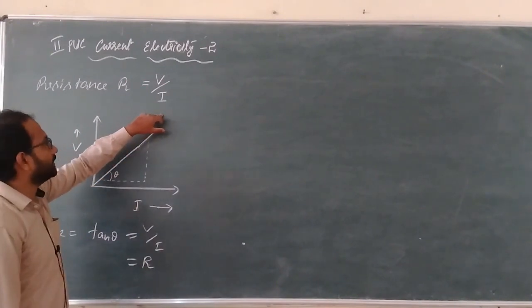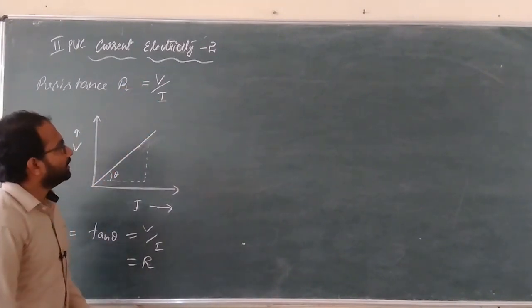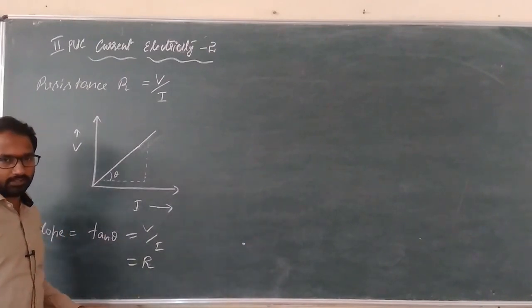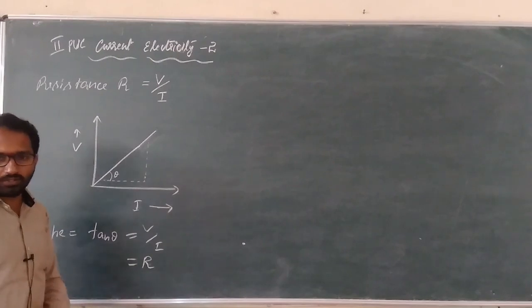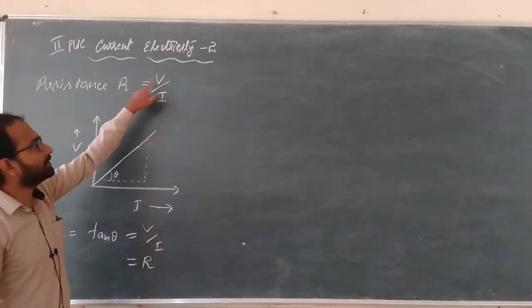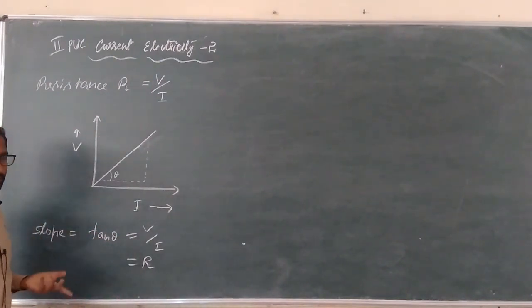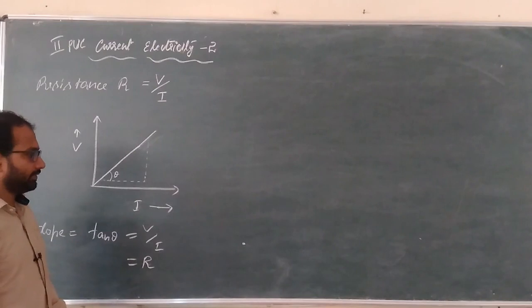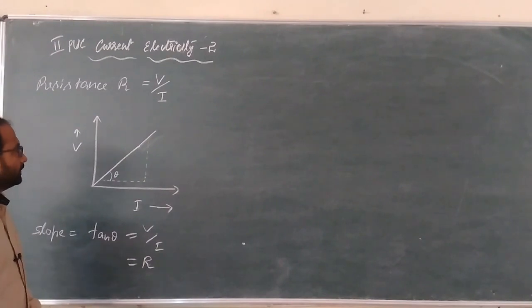In case of a conductor, V is directly proportional to I. The materials which do not obey Ohm's law are called non-ohmic materials, for which this is also the definition of resistance, V by I, but Ohm's law is not valid for non-ohmic materials. For ohmic materials, Ohm's law is valid.